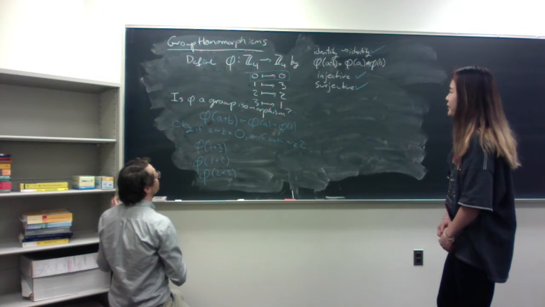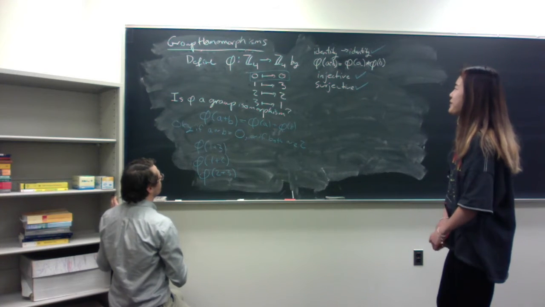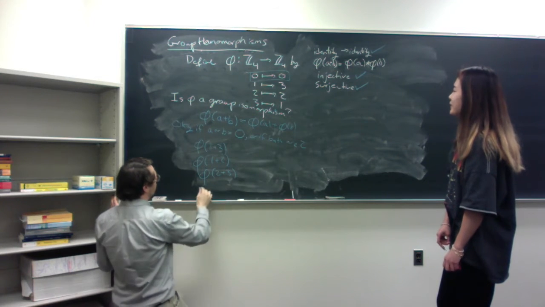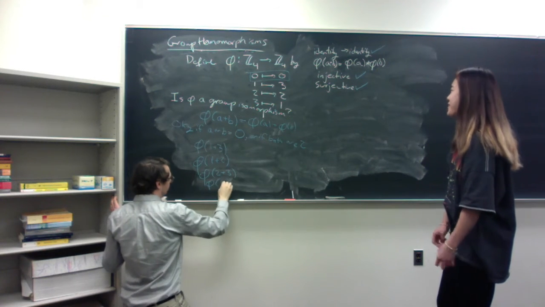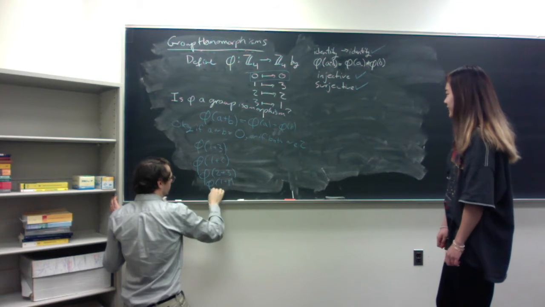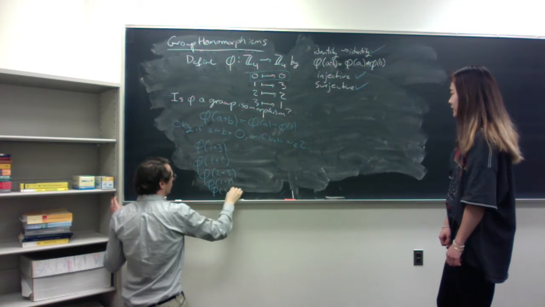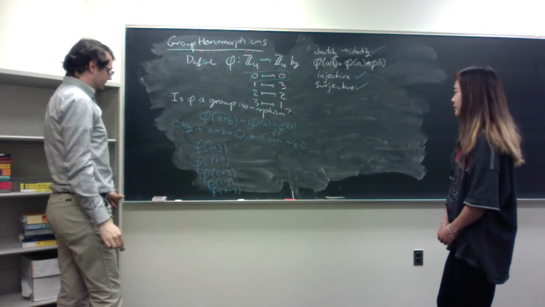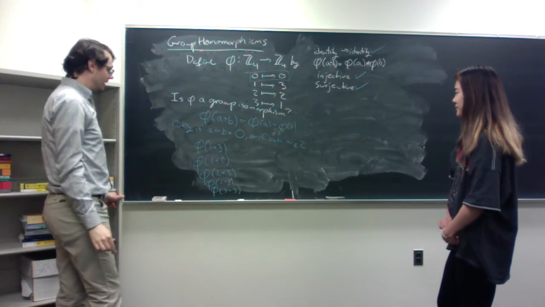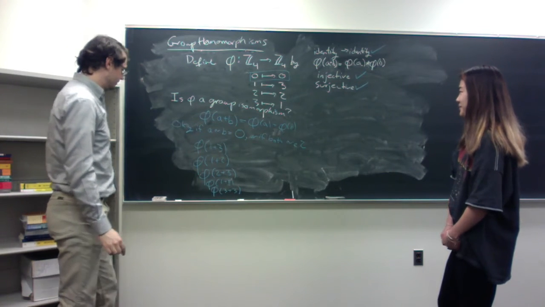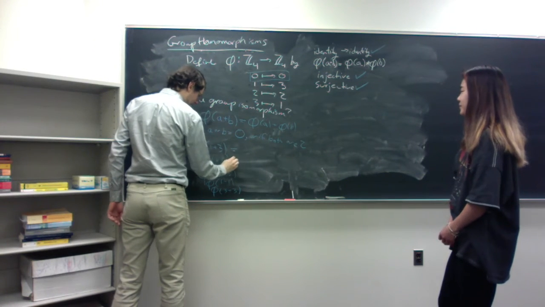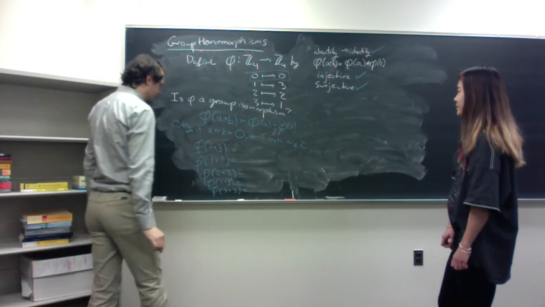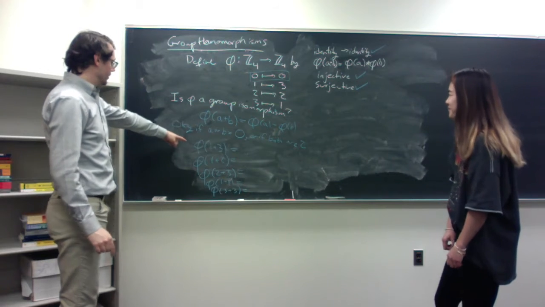I think so, because we don't care about zeros anymore because we already checked them. Oh no, we have to check 1 plus 1. And 3 plus 3. Okay, so there's 5 things to check. Five things is okay.